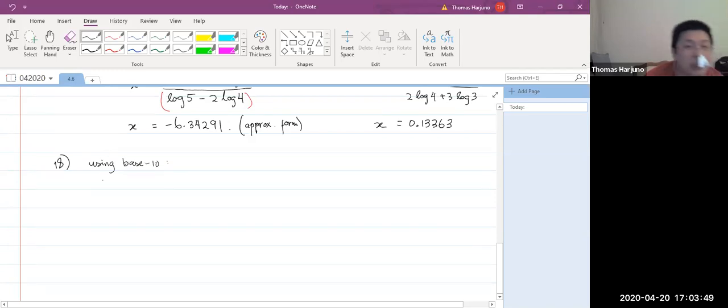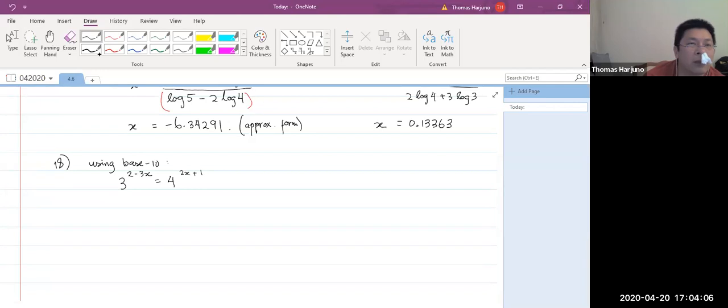So I start with 3 to the 2 minus 3x equals 4 to the 2x plus 1. Now, because the logarithmic function is a one-to-one function, I will apply log to both sides.